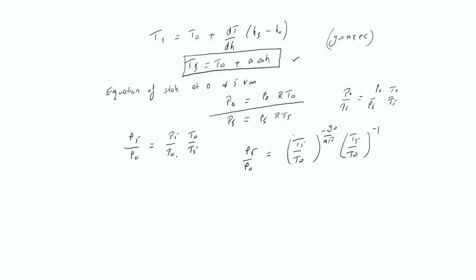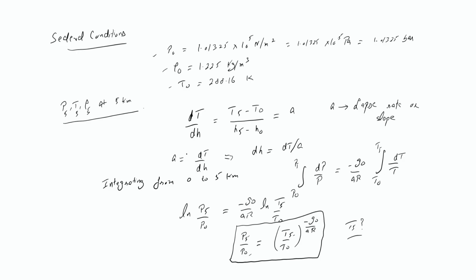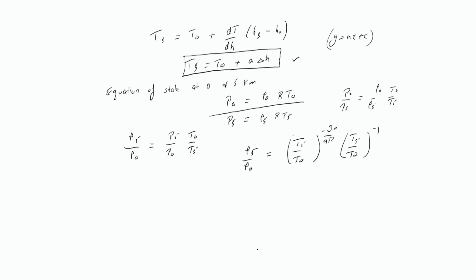So I've just substituted P naught upon P5 in this equation. Now finally I can write rho 5 upon rho naught equals T5 upon T naught, with the power minus, let me take it common, G naught by AR plus 1.